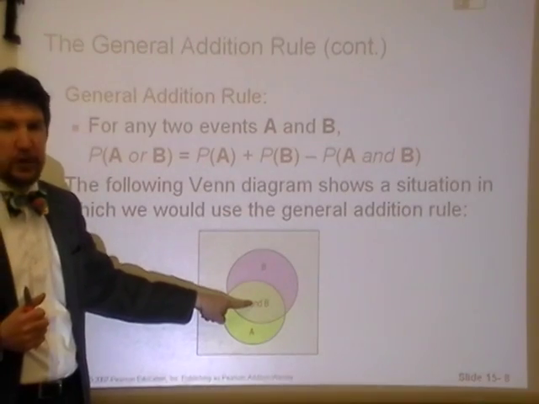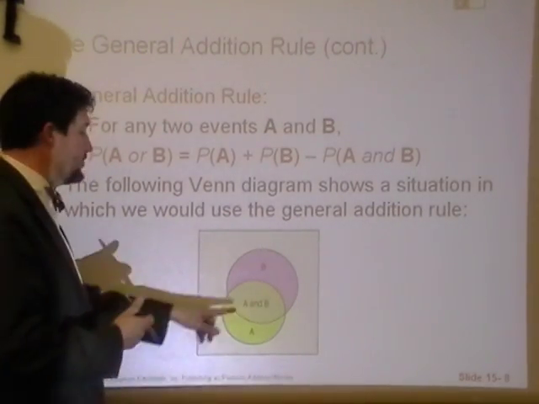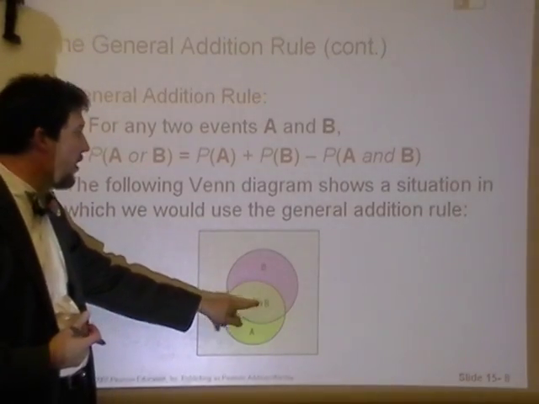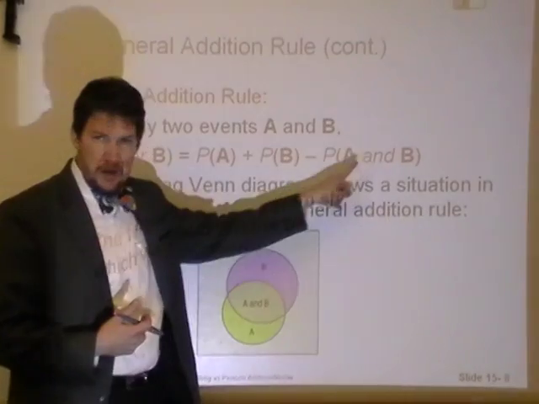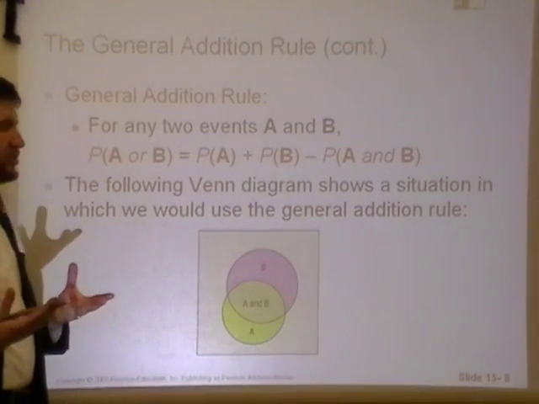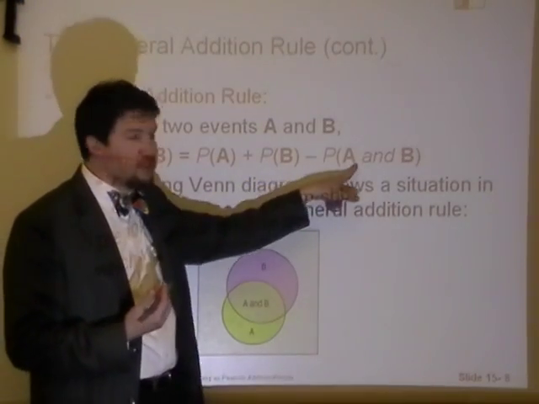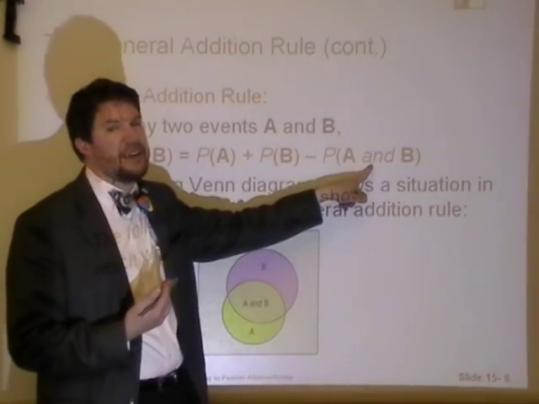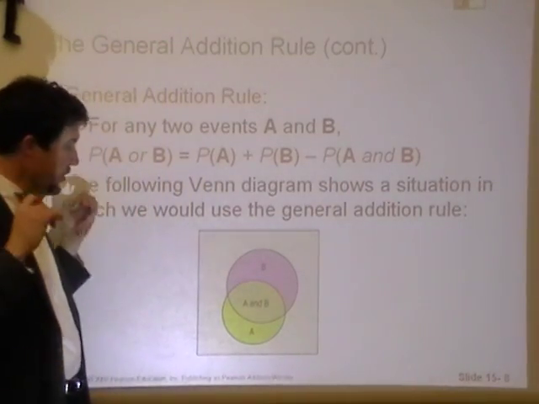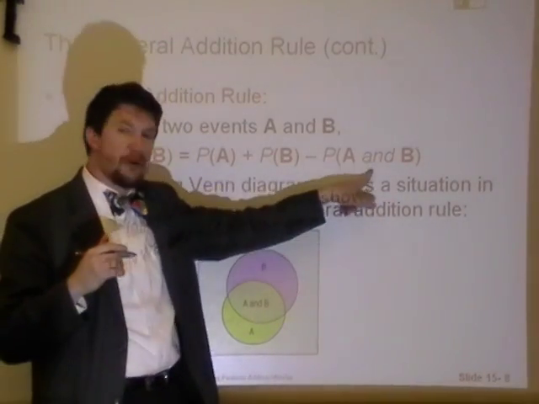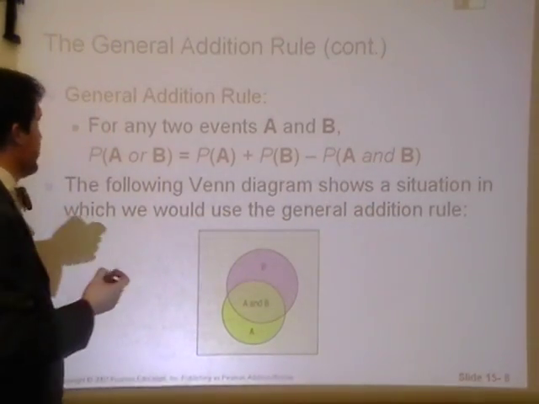Are they disjoint, or are they joint? If they are joint, I need to subtract off that intersection. If they are disjoint, meaning they do not intersect, then I'm subtracting off 0 because you would have two separate circles. So you are technically doing this, but subtracting 0, and you're going to get the correct answer.